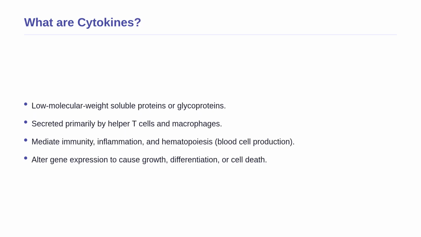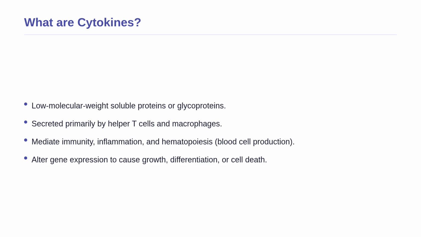Now that we know why they are needed, let us define what they actually are. In formal immunological terms, cytokines are low molecular weight soluble proteins, or glycoproteins. Unlike hormones, which are produced by centralized glands, cytokines are secreted by a wide variety of immune cells, primarily helper T cells and macrophages.